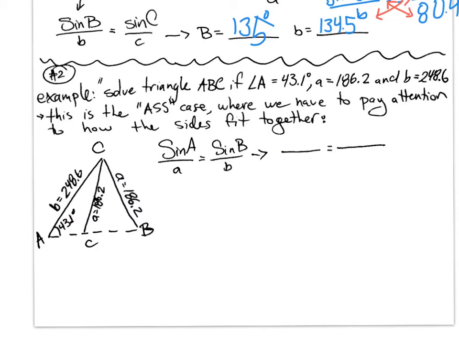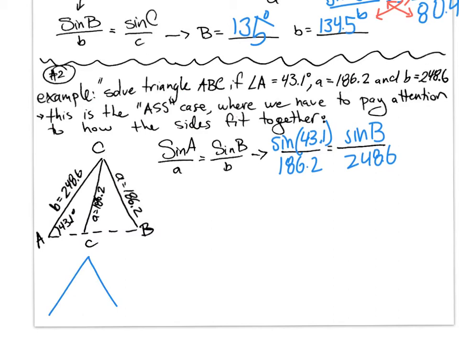So substituting in, we say that the sine of angle A over side A equals sine of angle B over side B. And what I drew, so pretend we didn't know all this information, but you can basically just start with a triangle, A, B, C. Given that we know that this is side A, this is side B, and this is side C, we're using uppercase and lowercase.